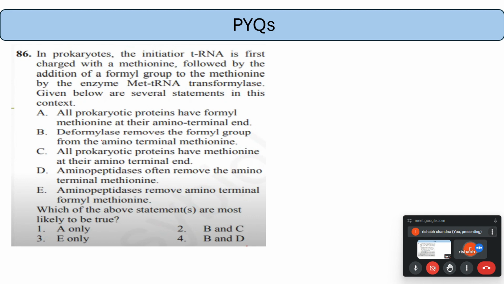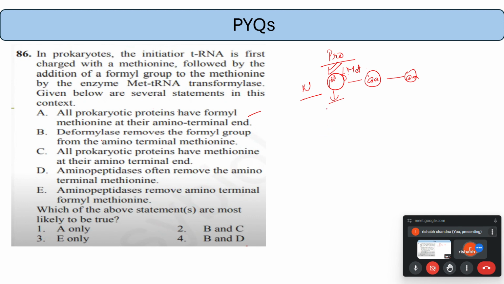Okay, so in prokaryotes, the first amino acid is formyl methionine, followed by different amino acids, and this is towards the N terminal side. So the first option, all prokaryotic proteins have formyl methionine at their amino terminal end, is correct. The first amino acid is formyl methionine.